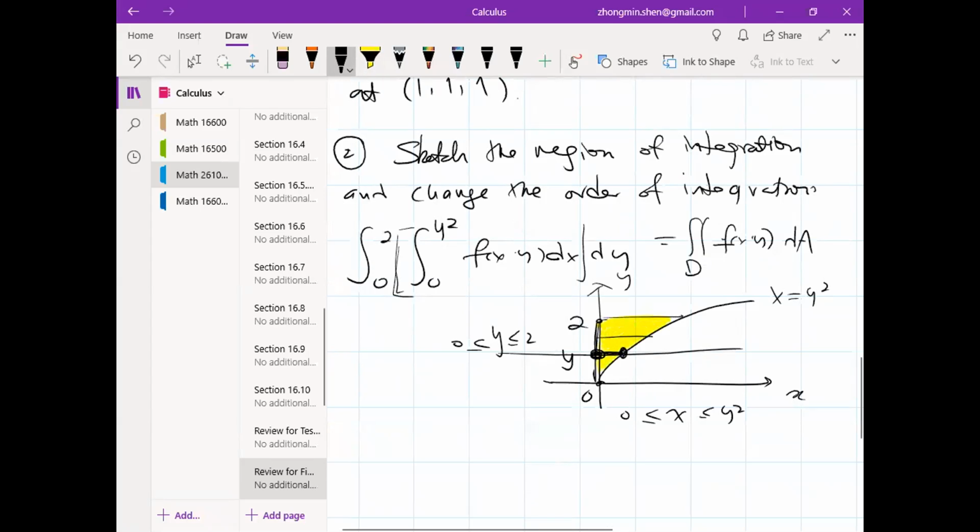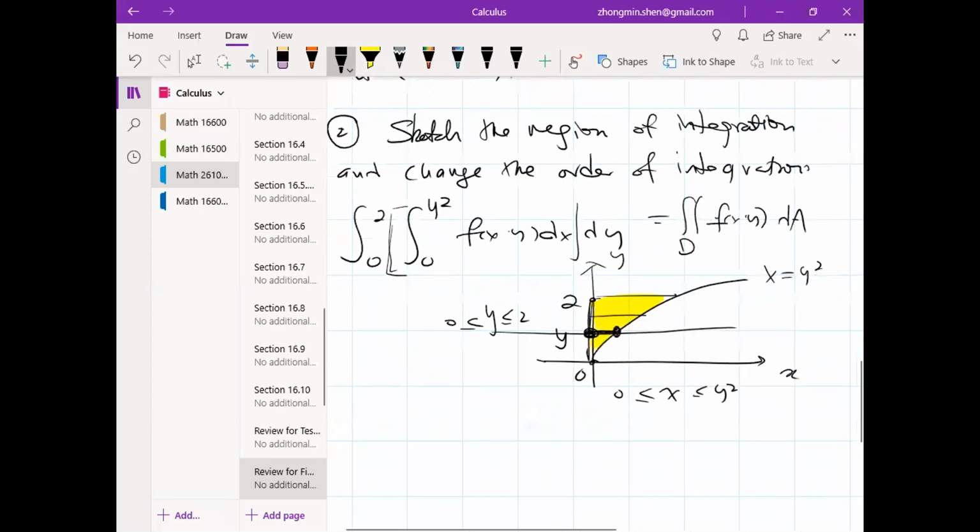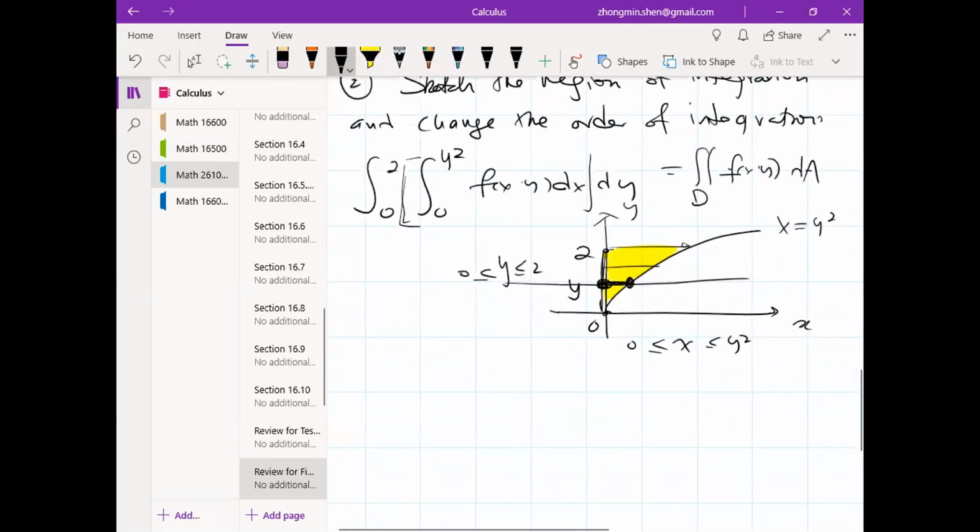So you determine the region first. X is between 0 and y squared. Then you find the intersection point. So when y equals 2, what is the x value?